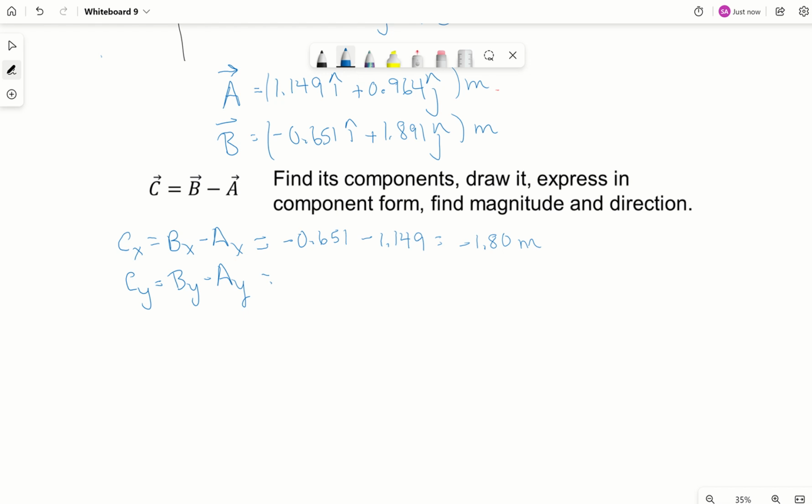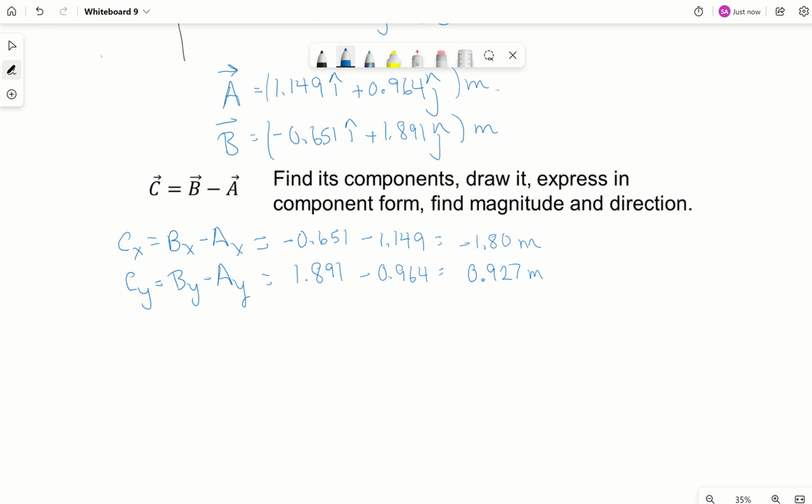And cy is going to be by, 1.891, minus ay, minus 0.964, and I get plus 0.927 meters.